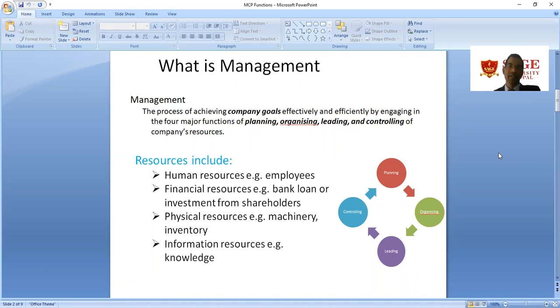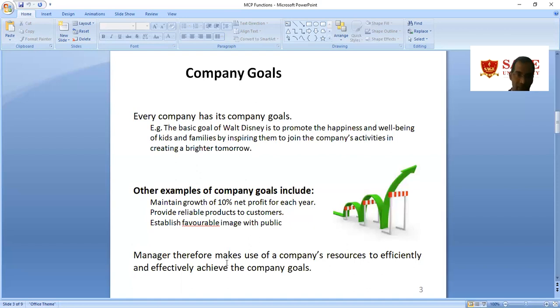Physical resources are machinery and inventory. And nowadays the most effective resource is information. You can see in this picture: planning, organizing, leading, and controlling. How we use these functions of management for the effective use of these resources is what management is.